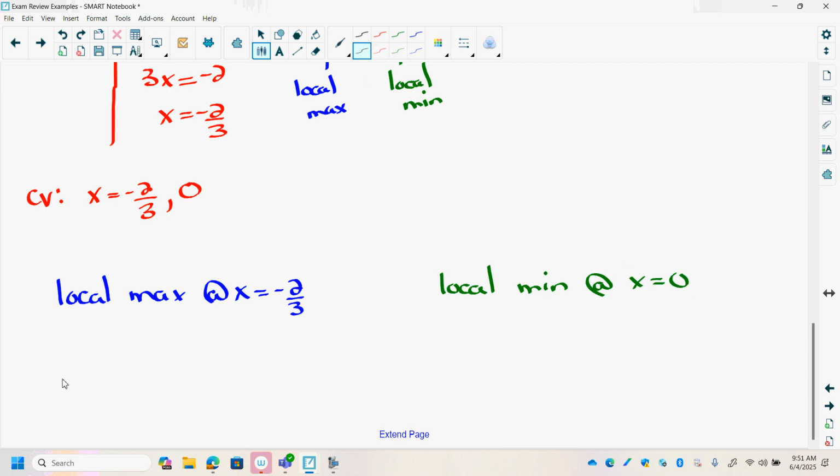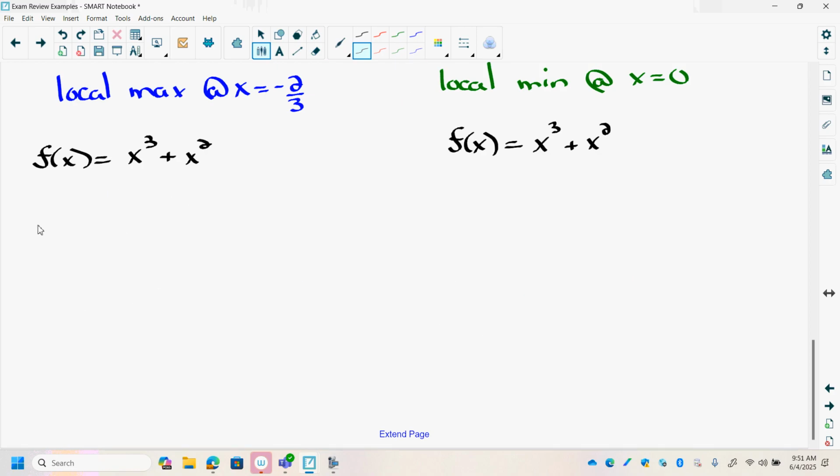0. Good. Here is my original equation. X cubed plus x squared. I am going to replace the x's with a negative 2/3.